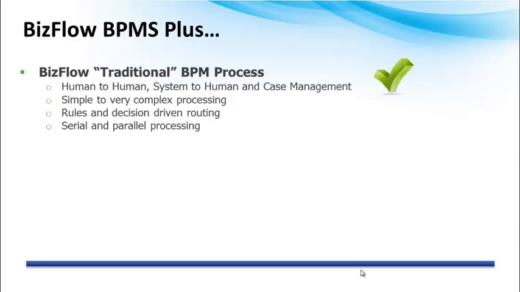Traditional BizFlow applications support human to human type of workflow, system to human workflow, and case management applications. These are some of the things that I've described and shown to you.